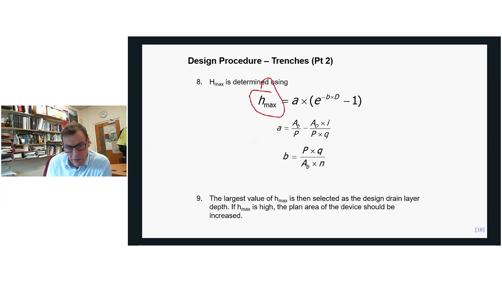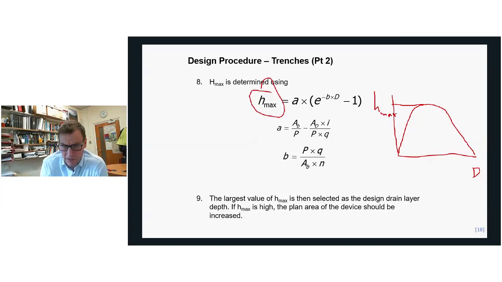What you end up with is a curve of duration against H max, and what you should end up with is a curve that goes like that, and that's your H max. So H max is the depth of the trench you pick. You pick a range of storm durations, you plot these against H max, and that should give you the trench that you need.